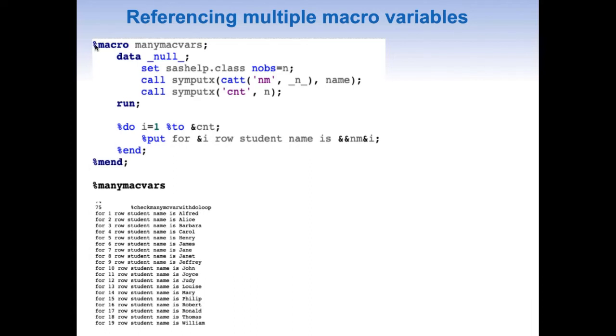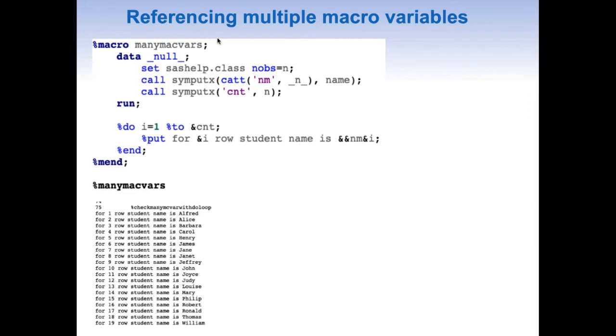Now to go into the details, here I am creating a macro and calling its name mini macvars, and here I have a data step wherein I will be creating many macro variables as shown here, and we have discussed this in detail in the previous slide.